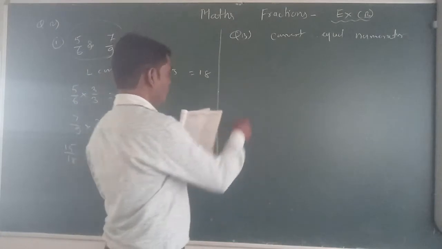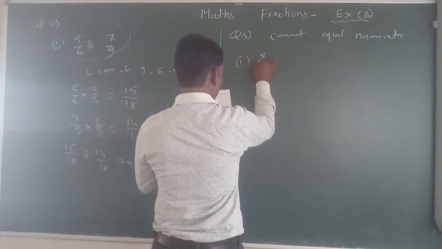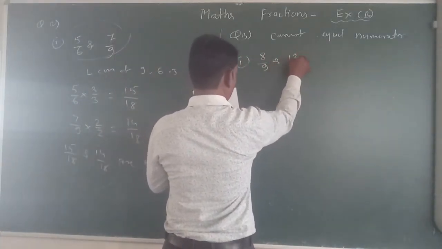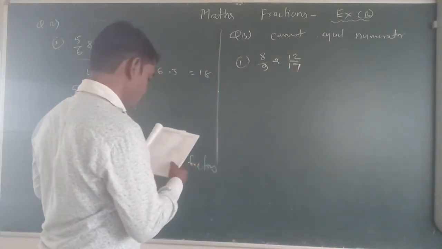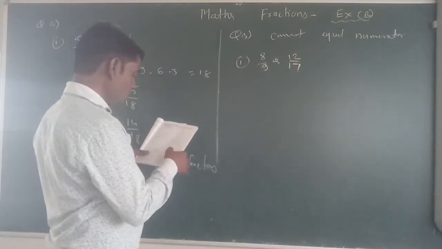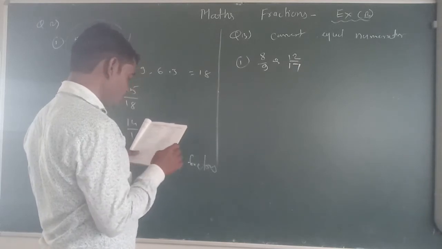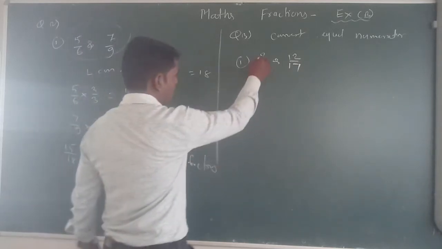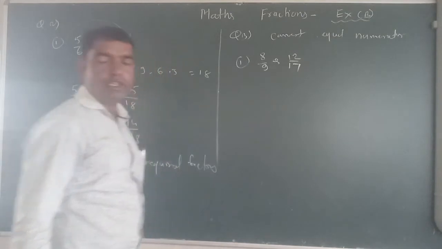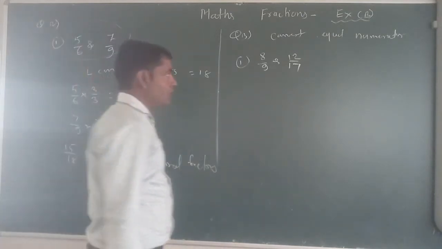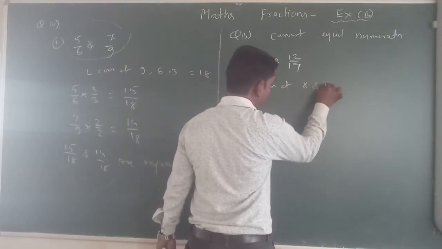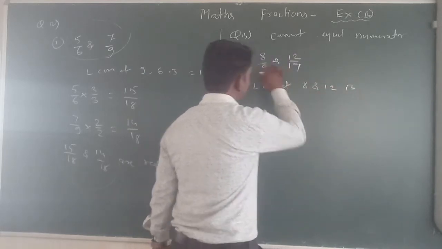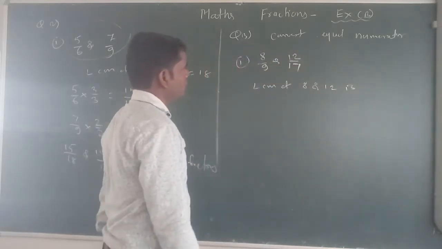Here I will take one question: 8 upon 9 and 12 upon 17. Here we have to make the numerators equal, so what is the LCM of 8 and 12?